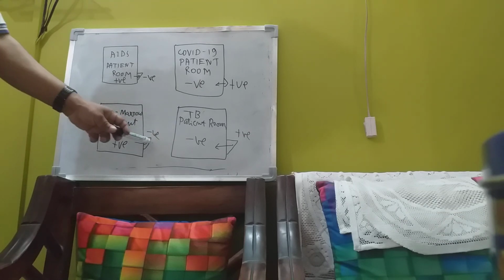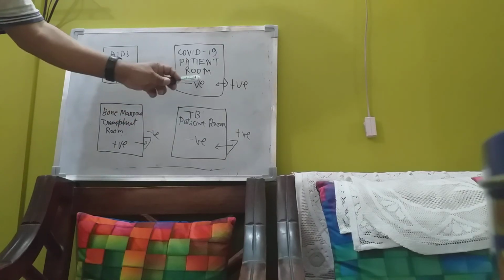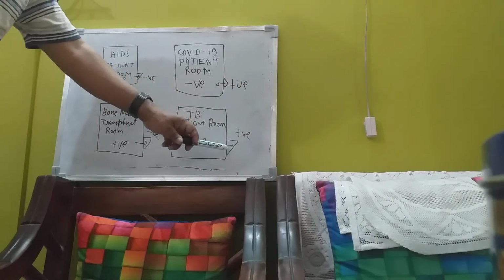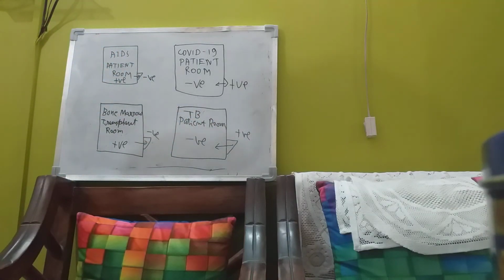So the moment you open the door, the air flows outside and you get the gush of air on your face. Similarly, in case of a negative patient room, when you open the door, the air comes inside, so along with you, air will enter inside. This is the way you can understand positive and negative pressure. This is important for you.